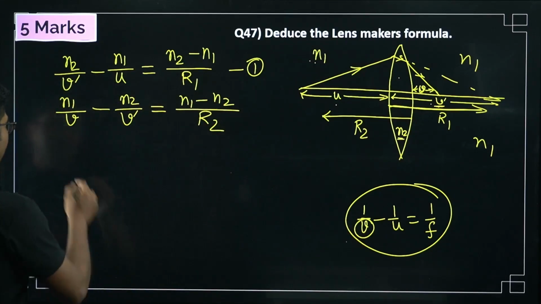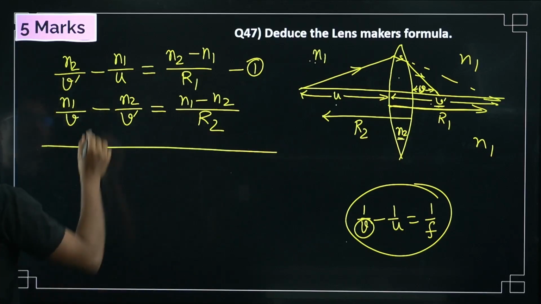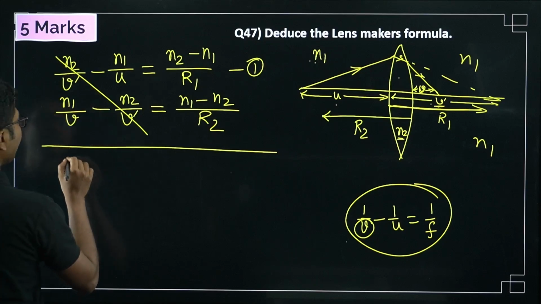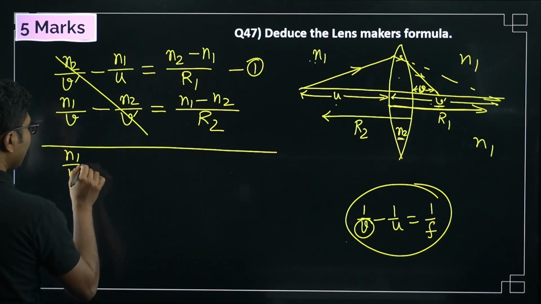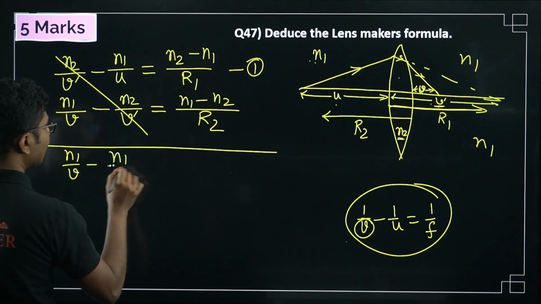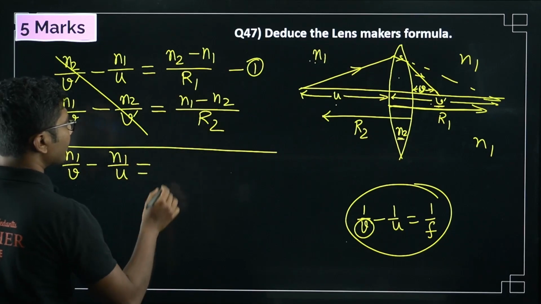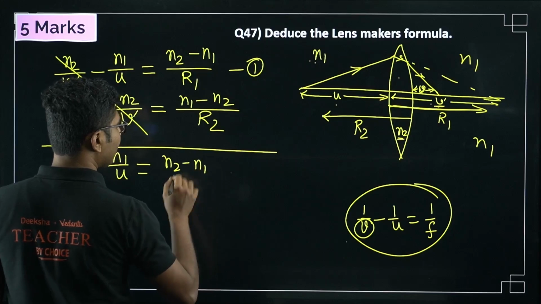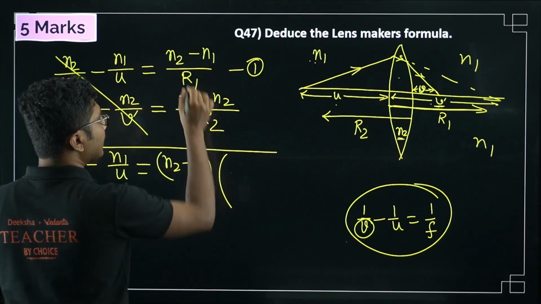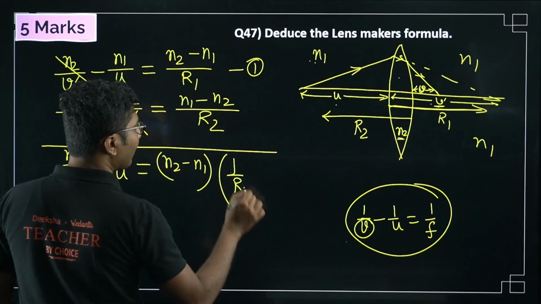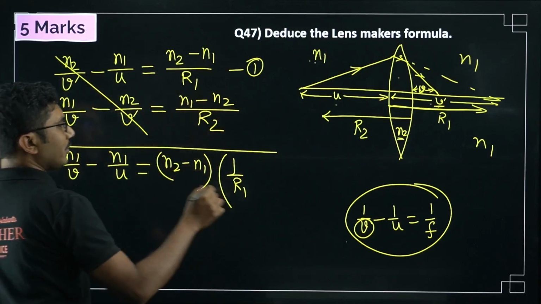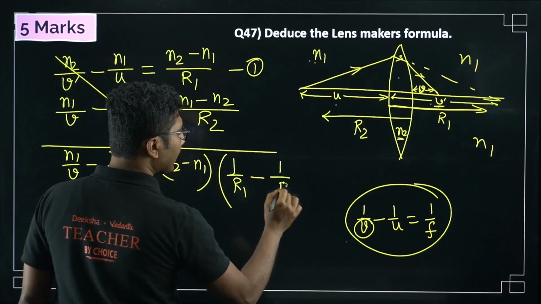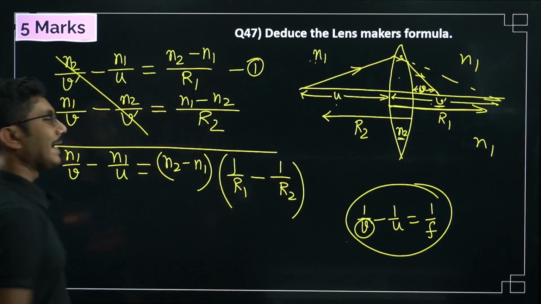Got it? Now if you add them, this is plus, this is minus, they will cancel. You get n1 by v minus n1 by u equals (n2 minus n1) by R1, plus the R2 term. Now this was opposite, so if I want to take the same thing common, the only thing I have to do is use a negative sign for that.